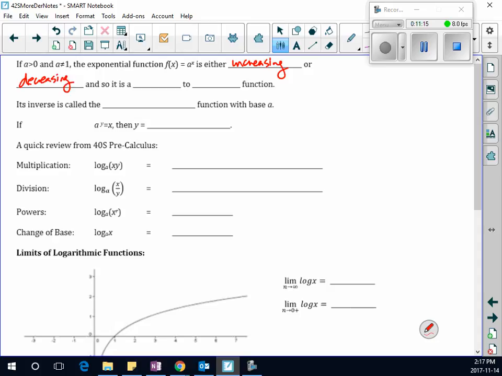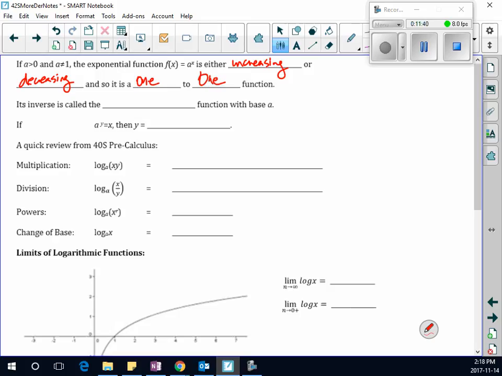It's decreasing when it's fractions, right? And it's increasing when it's bigger than 1. And so it is a one-to-one function. Because it would pass the horizontal line test, right? If it's increasing or it's decreasing, it's not coming back up, right? So it would pass the horizontal line test.